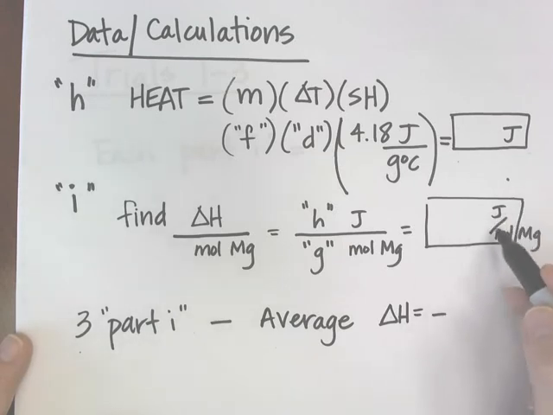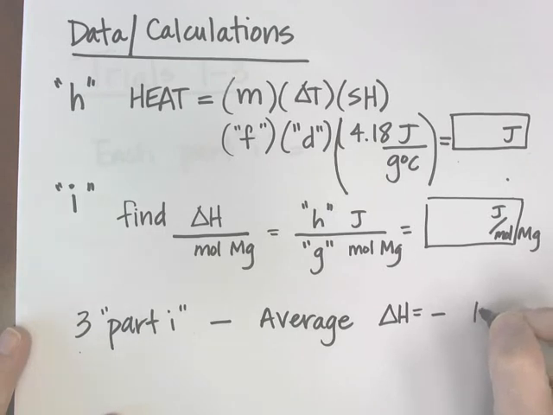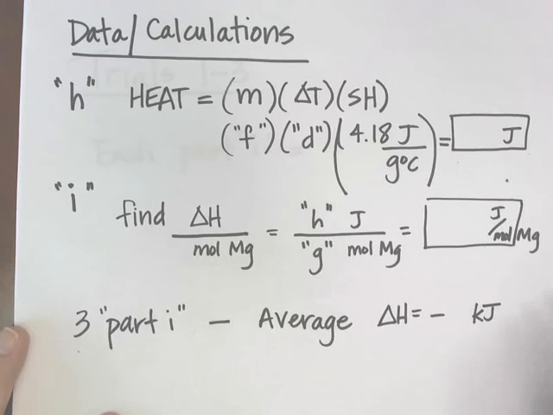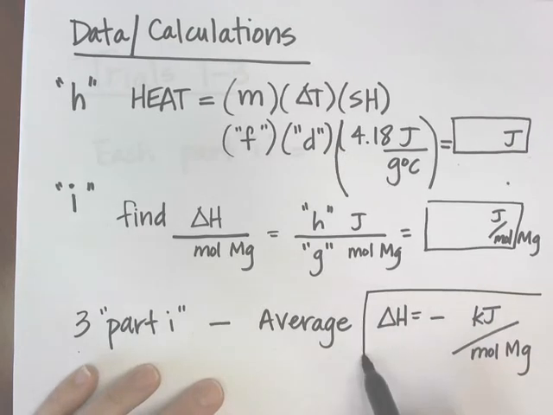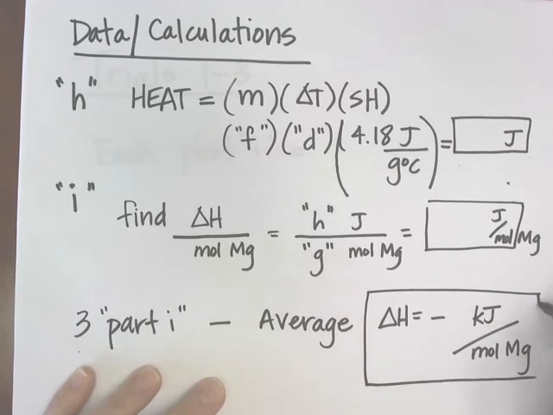This is going to be a really large number because joules are very small energy units. So it's appropriate to go ahead at this point and convert your value to kilojoules per mole of magnesium. And this is how you can report your final answer as an average of those I values, converted to kilojoules.